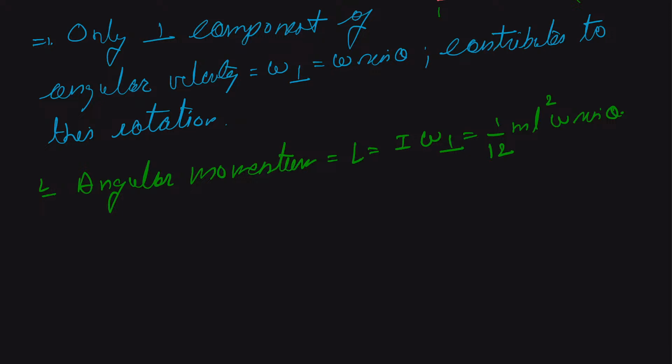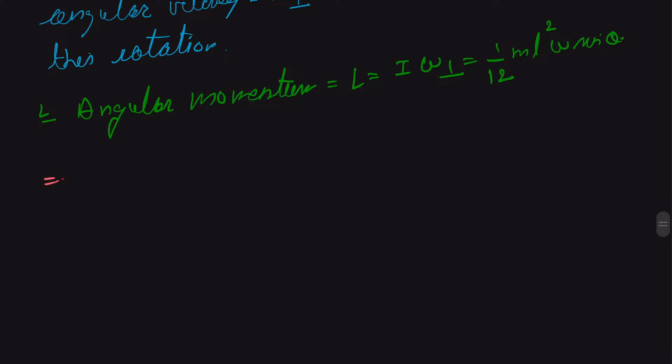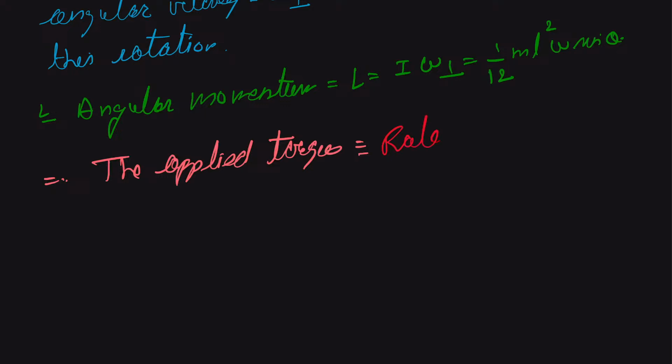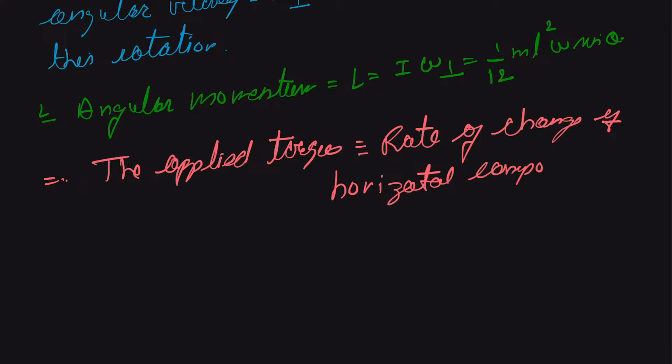And we can also find out torque by the time derivative of our L. Therefore, we can say that the applied torque is nothing but our rate of change of horizontal component of our angular momentum.